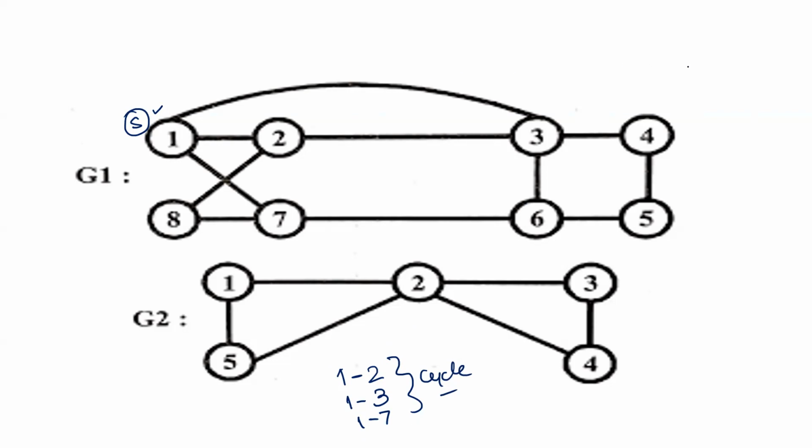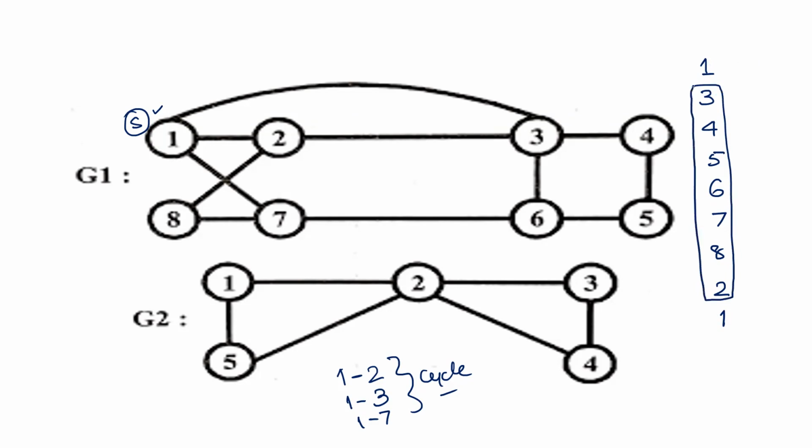So let us take 1, then 3, then 4, then 5, 6, 7, 8, 2, 1. So this is starting with 1, visiting all the vertices once, and again ending with 1.